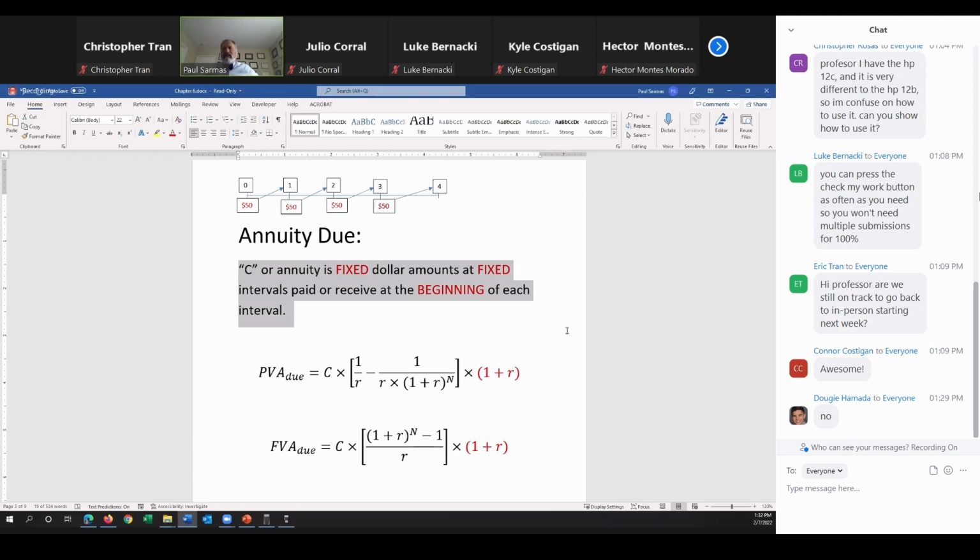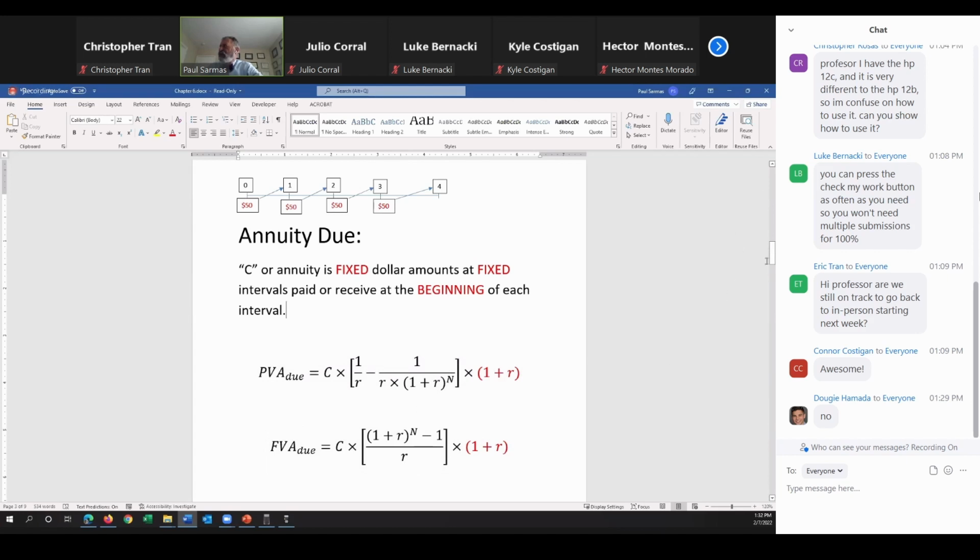The only thing that happens in this case, you add this last component to the formula, 1 plus R. You multiply both formulas by 1 plus R. I don't want to drive you crazy, but I'm going to scroll up and look at the first part of the formula in black fonts.